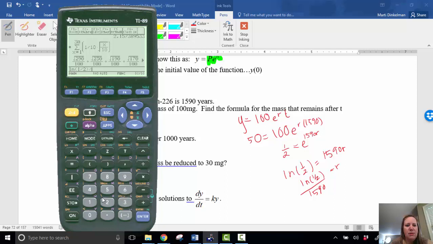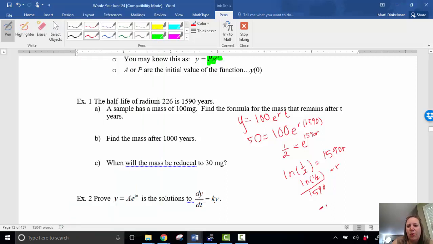Okay, so natural log of a half divided by 1590. Let's see, even that doesn't want to do it. Okay, so negative 0.000436. I'm just going to go with that. We can just grab that number off our calculator, which is really nice.